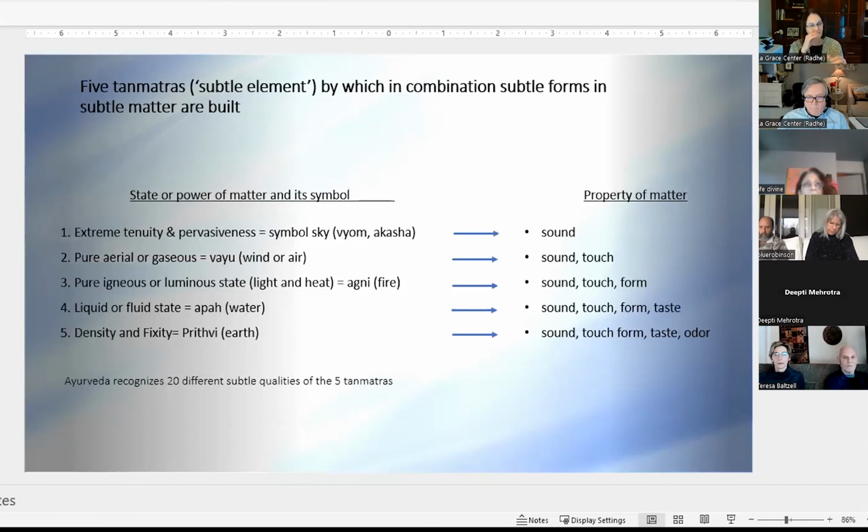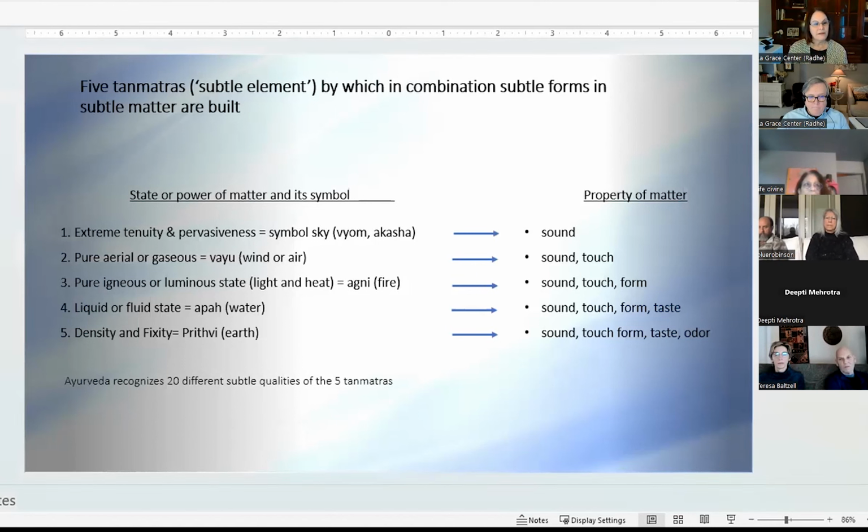And again, these are symbols of conditions of matter that are in the subtle realm. Now, this is actually one of the major building blocks in Ayurveda. And to these subtle properties that the rishis perceived or cognized, Ayurveda adds another 18 or 20 subtle qualities for these 5 tanmatras.